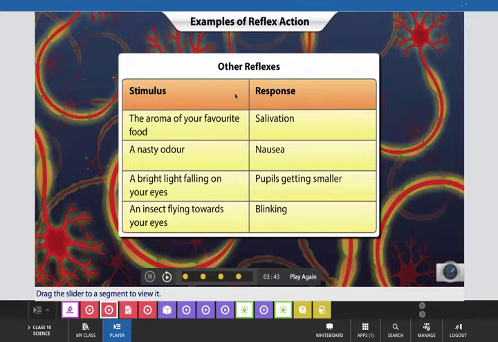These are the different types of reflex actions which generally take place in our body. Now I think it is clear how the reflex action is different from the normal voluntary action. Now let us learn about an important part of our nervous system, that is the human brain.